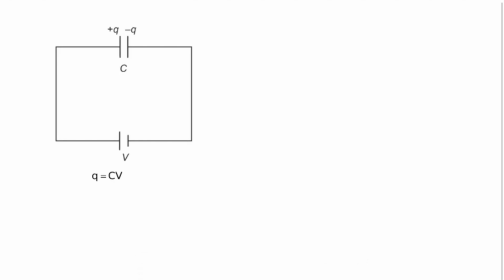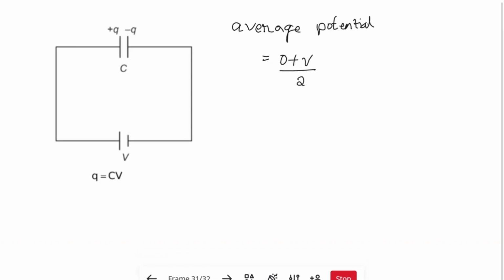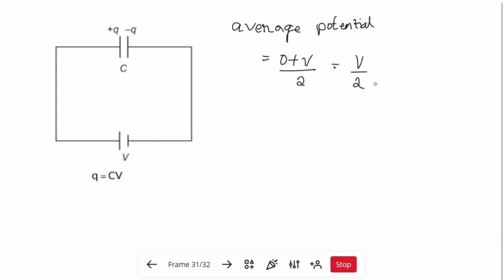The initial potential difference between the capacitor plates is 0 and the final potential difference is V. The average potential difference during the entire process of charging can be written as 0 plus V by 2, so V by 2. This potential can be written as Q by 2C.